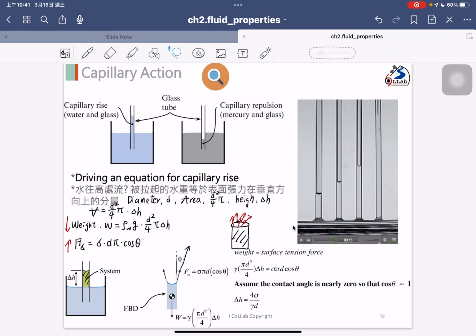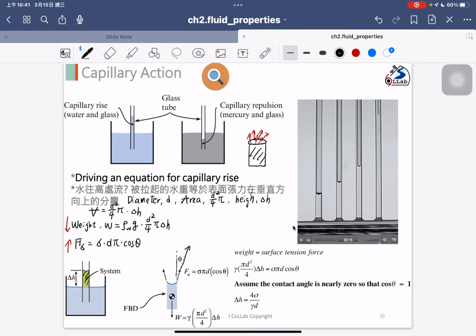So right now we can do a force balance, so I move this to the other side. Because the water is in steady state, the forces should balance.